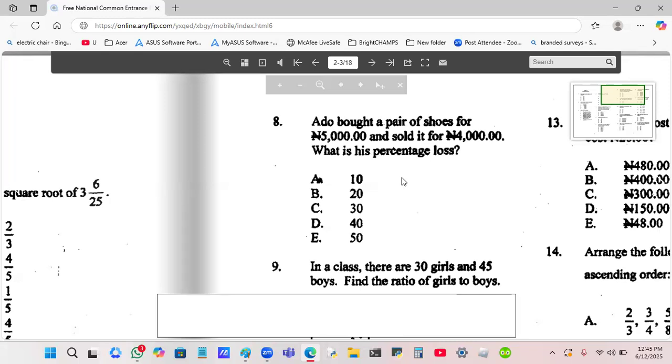So percentage loss equals 20%. So the answer is B.